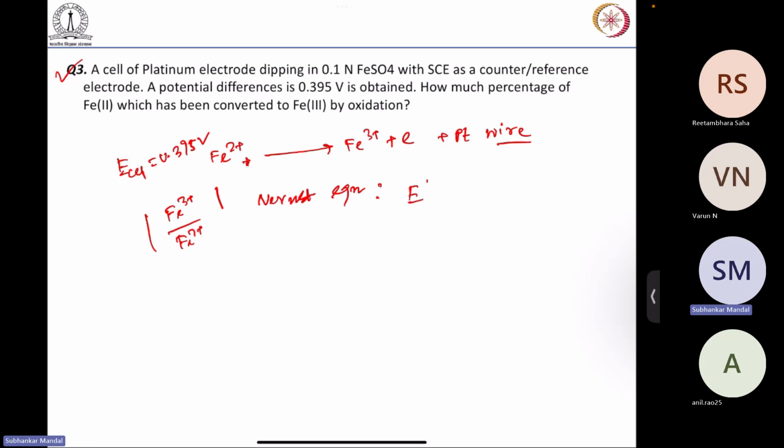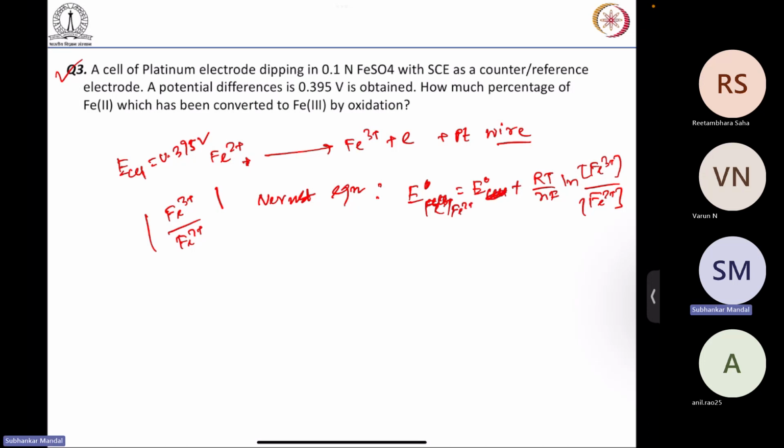What is the Nernst equation? E cell is equal to E naught cell plus RT by nF. Whenever there is no mention of temperature, we have to take room temperature. ln of oxidized form by reduced form, so this is basically Fe3 plus over Fe2 plus.